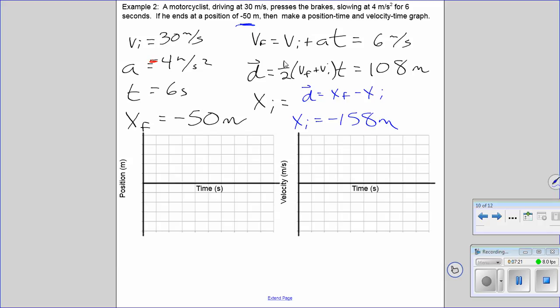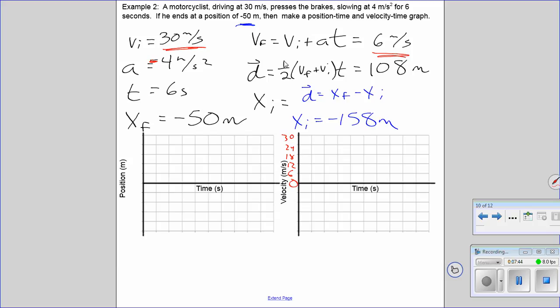So let's see, my velocity needs to include everything between 6 and 30, right? So here's 0, and I need to get up to 30. So what should I number by? I got 5 boxes. I can just number by 6s, right? So 6, 12, 18, 24, 30.